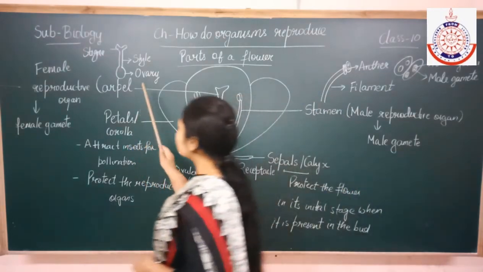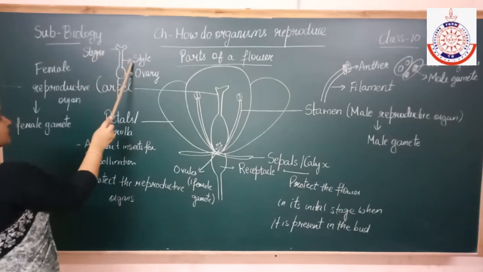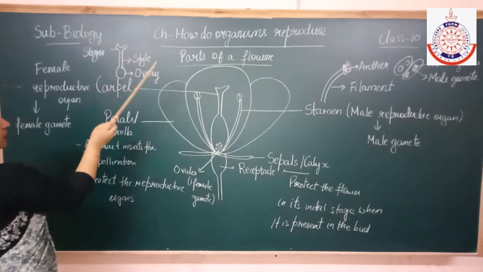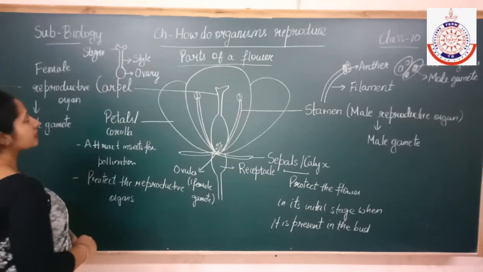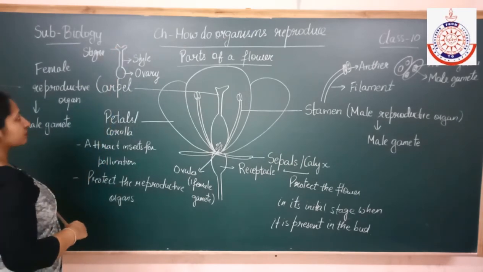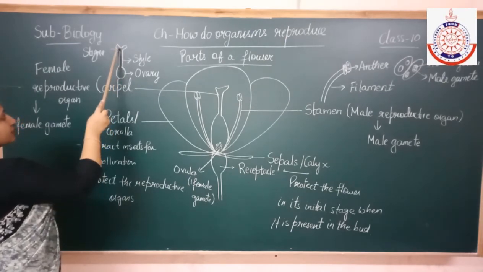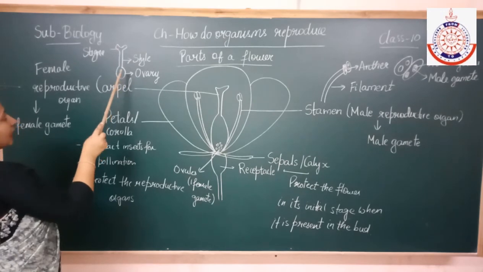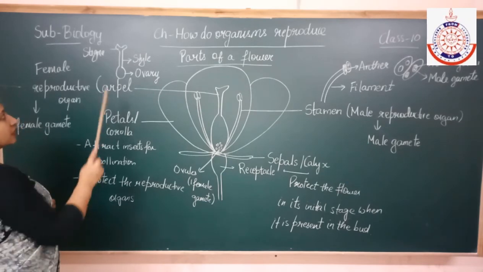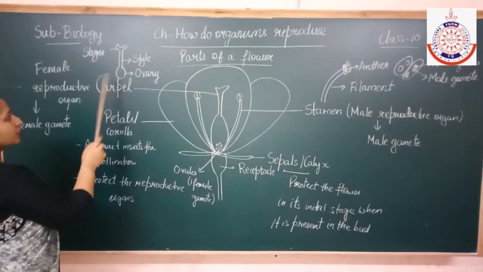Clear? So let's have a look again. Carpel consists of 3 parts: stigma, style and ovary. Stigma receives the pollen grains during the pollination process, and that's why the surface of the stigma is a little sticky. Style connects the stigma to the ovary, and it is also responsible for the transfer of the male gamete present in the pollen grain to the ovary region.